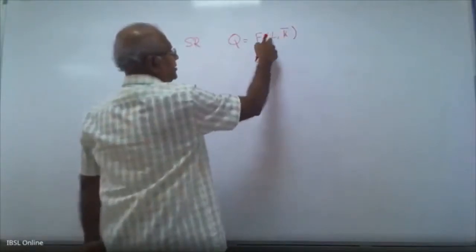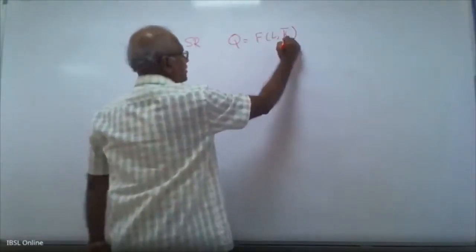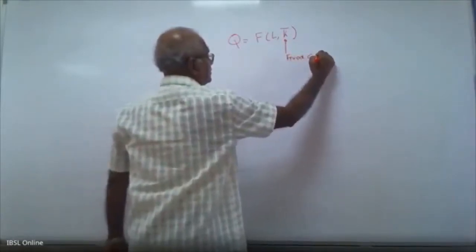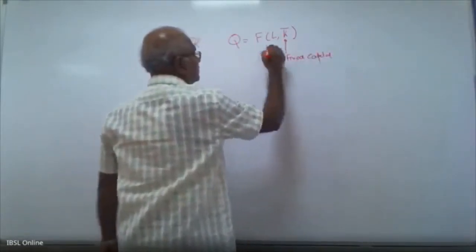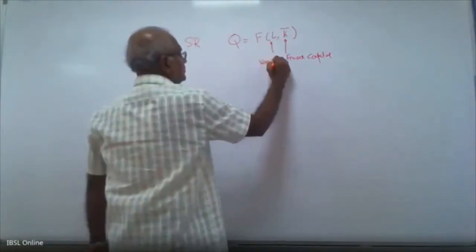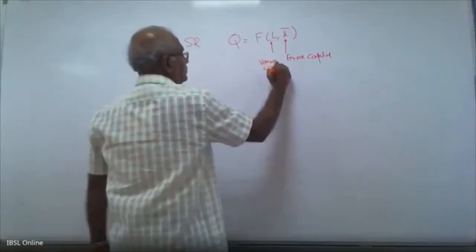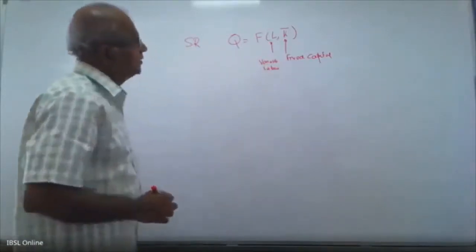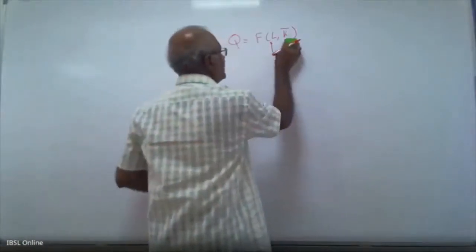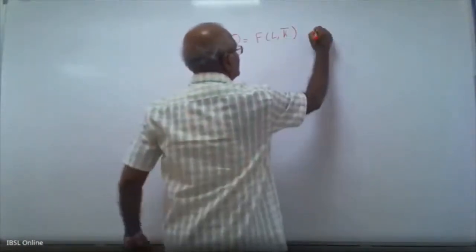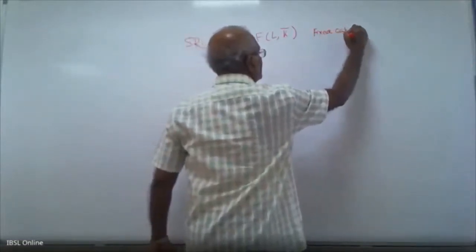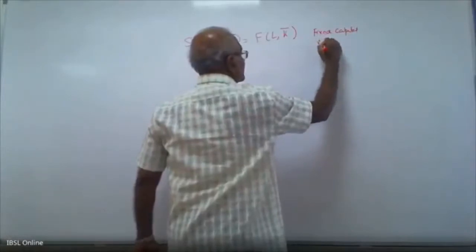Fixed factor, variable labor, fixed capital. Right? Variable labor, fixed capital. I'll write it here: labor, fixed capital, variable labor.